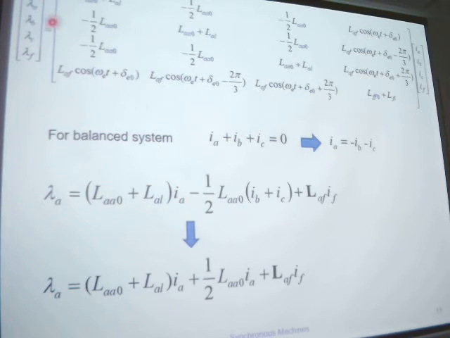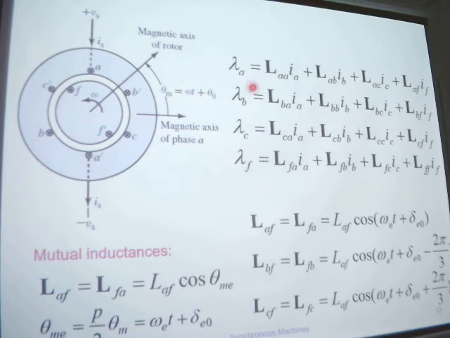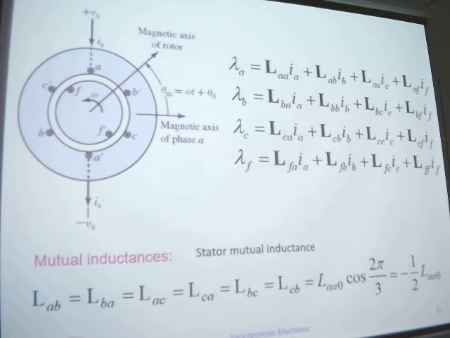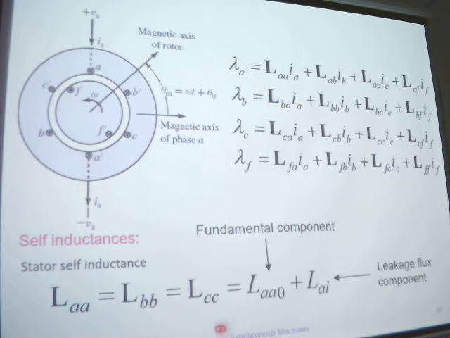It's just lambda A, B, C. So the parameters here, we see this one in here is LAA, and we know LAA is equal to LAA0 plus LAL.